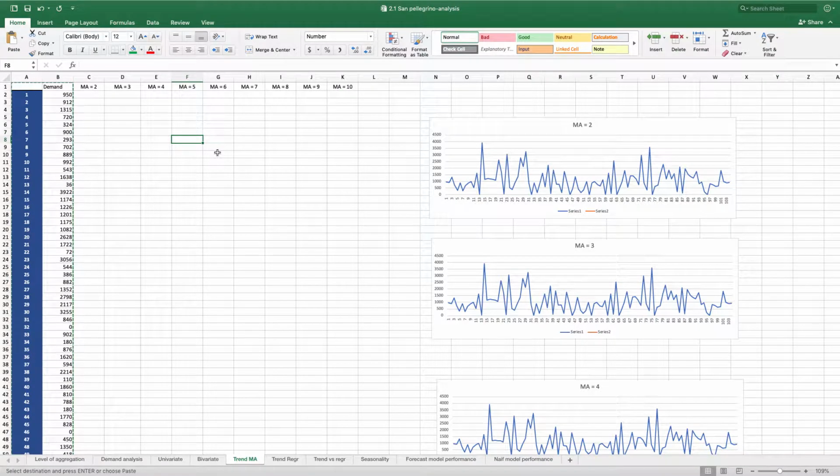Let's see how this translates in our San Pellegrino case. Doing it in Excel is very easy because here I have the series, and you can do that up to 52, but as we discussed, it only makes sense to do it for k values in the order of 11 or 12, because otherwise you are including too many values, and of course the variability is moving too much.